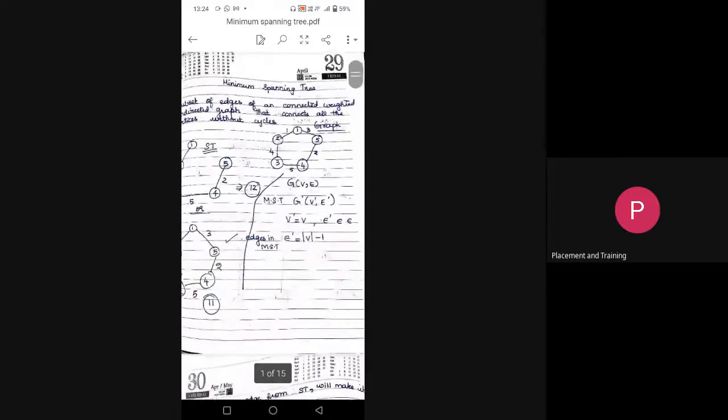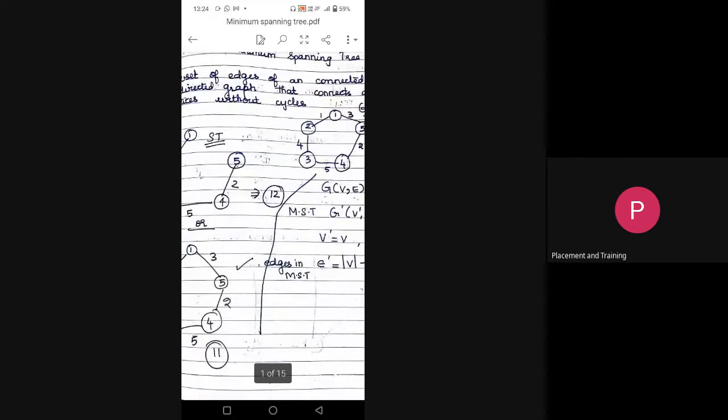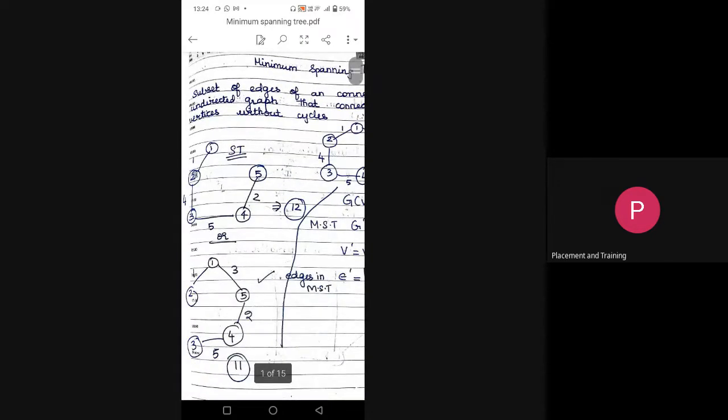In the first tree, from 1 to 2 the weight is 1. 2 to 3 is 4, so the total weight is 5. 3 to 4 is another 5, so 5 plus 5 is 10. 4 to 5 is another 2, so 10 plus 2 is 12.